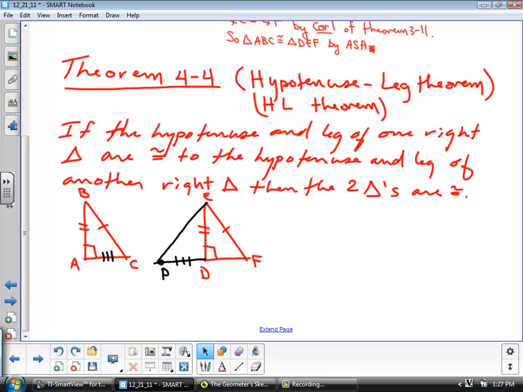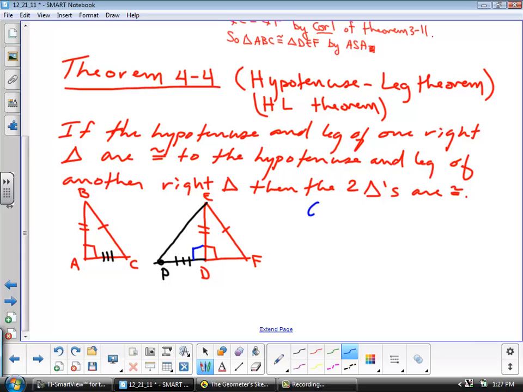Now, let's go ahead and mark our given and what we want to prove. What we know is that because this is a right angle, then angle PDE is also a right angle. Okay, we're going to know that.